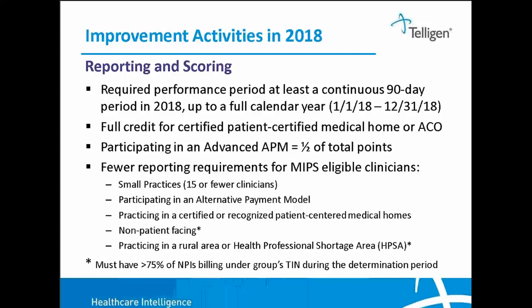Also, if you're participating in an alternative payment model, practicing in a certified or recognized patient-centered medical home, non-patient facing, or practicing in a rural area or health professional shortage area, or HPSA. Now, you'll notice a couple asterisks here. For non-patient facing, or if you are practicing in a rural area or HPSA, you must have greater than 75% of your NPI billing under that Group TIN during the determination period.